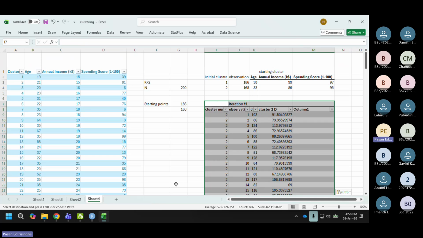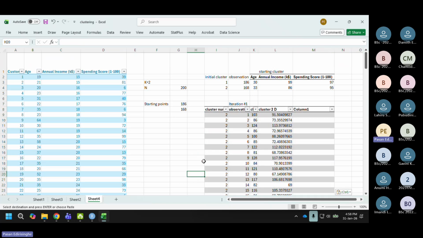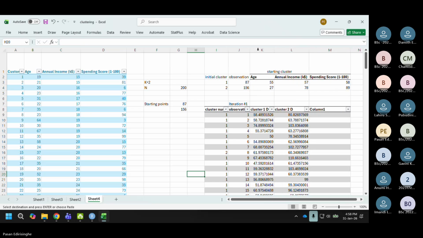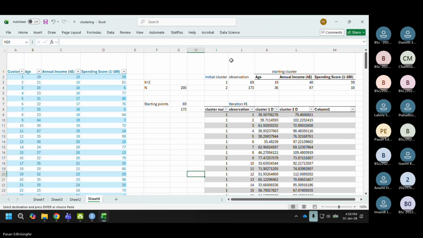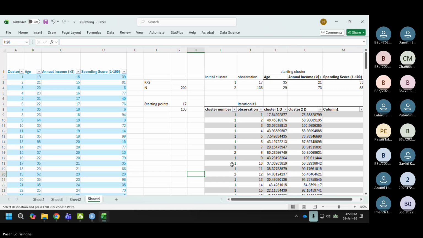I will place it over there. I have only two columns, I don't need that one here, so I'm having two clusters.